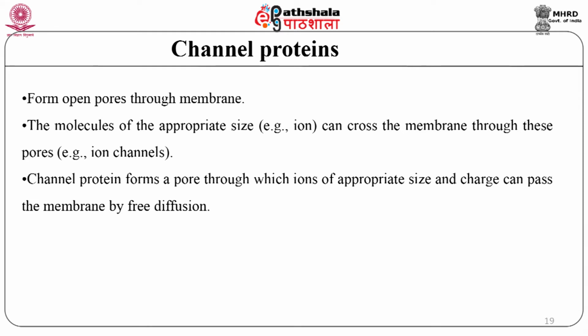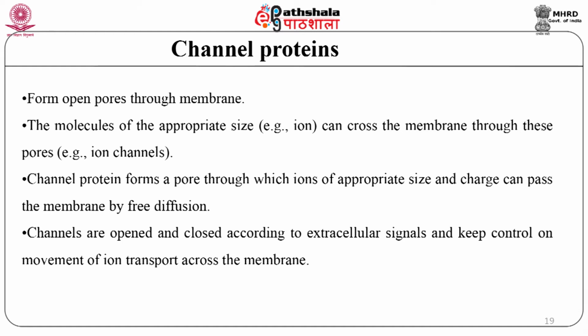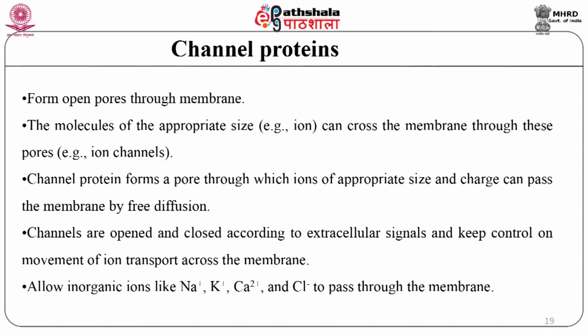Channel proteins form a pore through which ions of appropriate size and charge can pass the membrane by free diffusion. Channels are opened and closed according to extracellular signals and control the movement of ion transport across the membrane. It allows inorganic ions like Na+, K+, Ca2+ and Cl- to pass through the membrane.